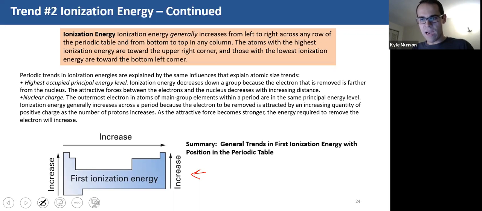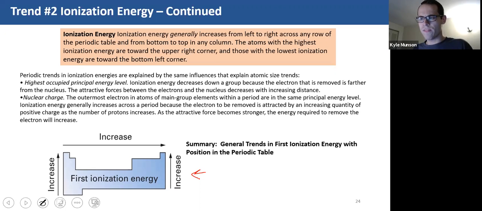If that's the case, the ionization energy generally increases across the period because the electron that is removed is attracted by an increased quantity of positive charge as the number of protons increases. As the attractive force becomes stronger, the energy required to remove the electron will increase. So again, they're holding on to them more tightly, basically, and it's harder to remove them.